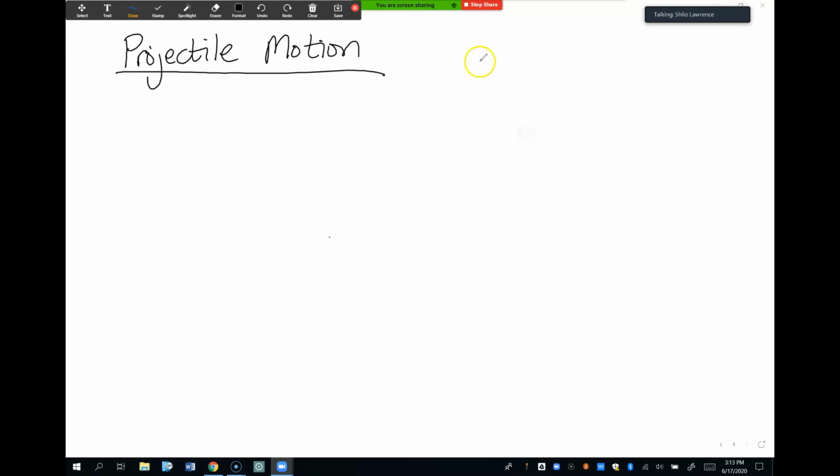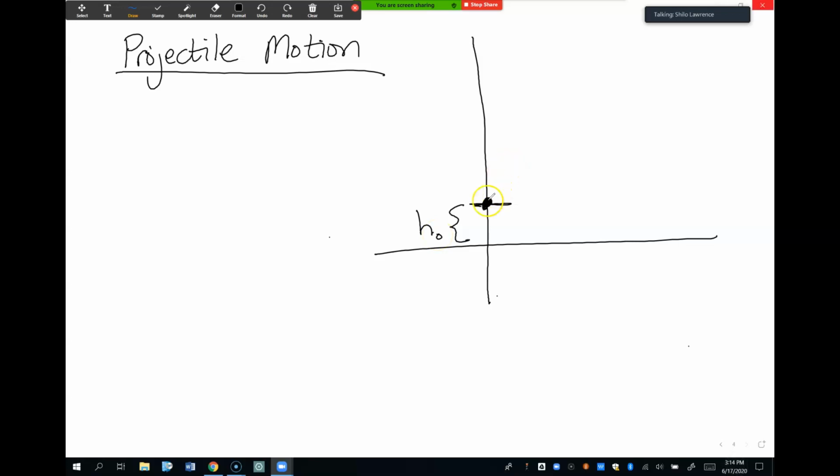For projectile motion, this is just going to be 2-dimensional projectile motion. So we're going to have a projectile, and it's going to start at a certain height, which we call h sub 0. And we are going to launch that projectile with a certain amount of velocity, initial velocity, and then at a certain angle as well.